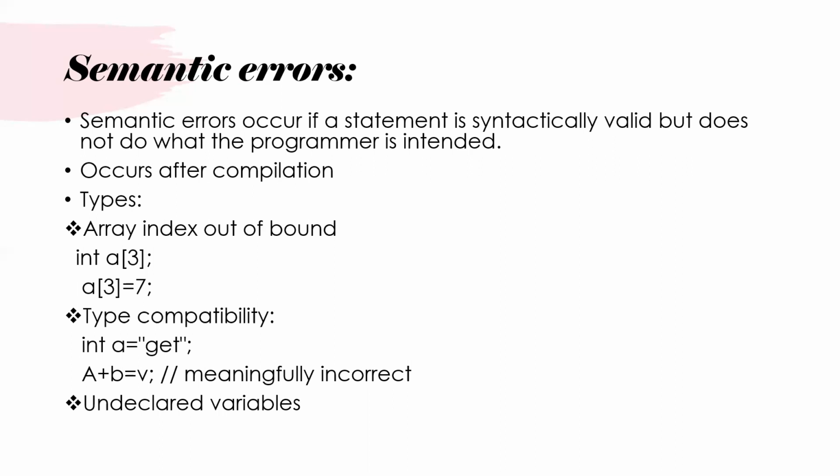These two types are not matching, right? So here the compiler will give a type compatibility error. And also we have a + b = v. This may be meaningfully correct in algebra, but it is semantically wrong according to the compiler. So it will result in type compatibility errors, and also undeclared variables. If we do not declare the variables and we try to use them, then the compiler will return a semantic error.